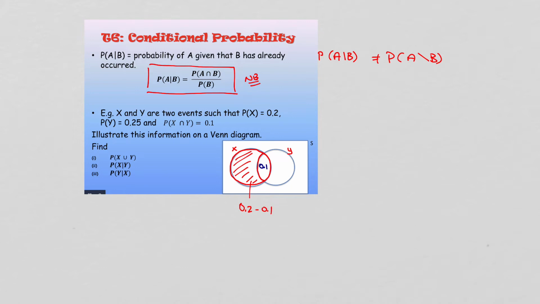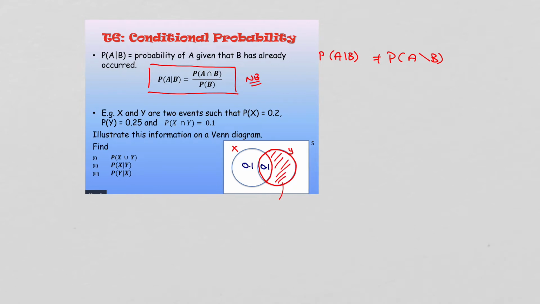So therefore, if I remove that shading, what we now have is 0.1 and 0.1. And we do the same then for Y. Well, Y, if I circle, in total is 0.25. So therefore, if the intersection is 0.1, then the remaining bit of Y has to be 0.25 minus the intersection of 0.1, which obviously leaves us with 0.15.